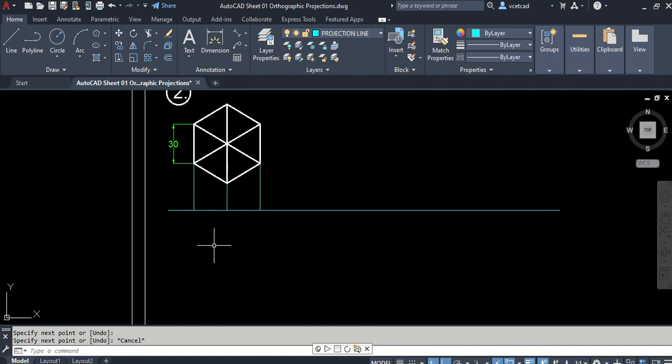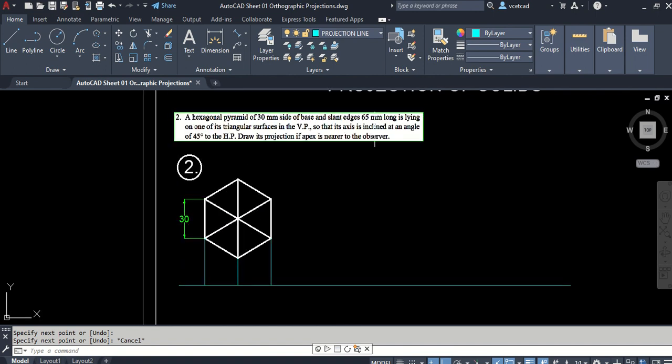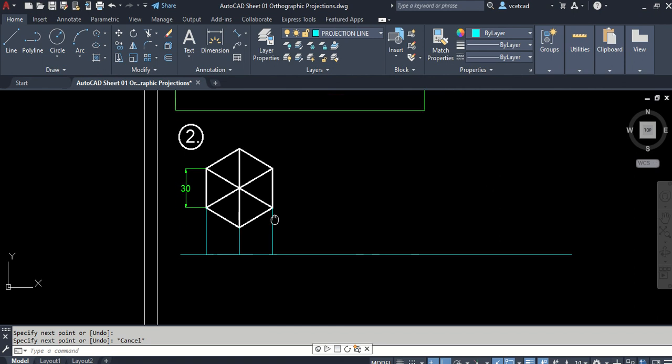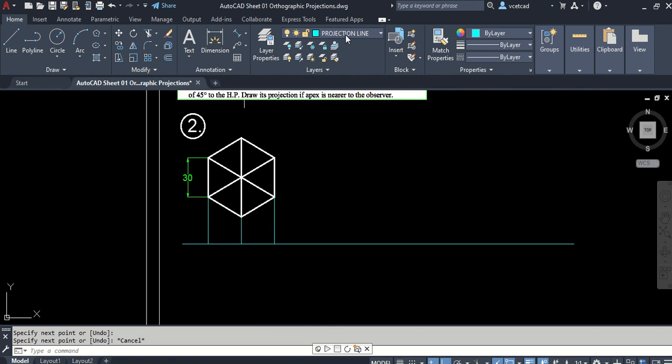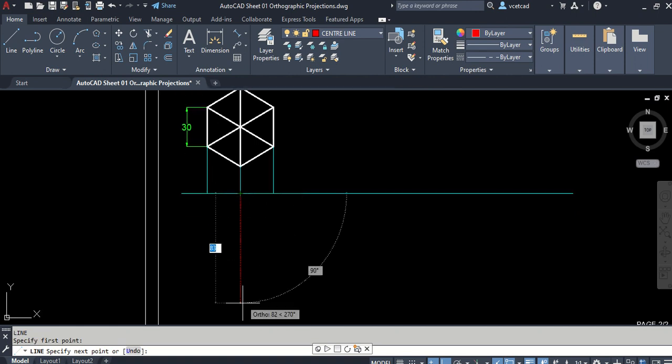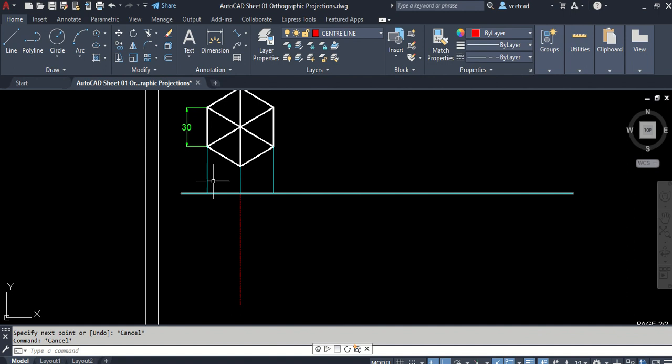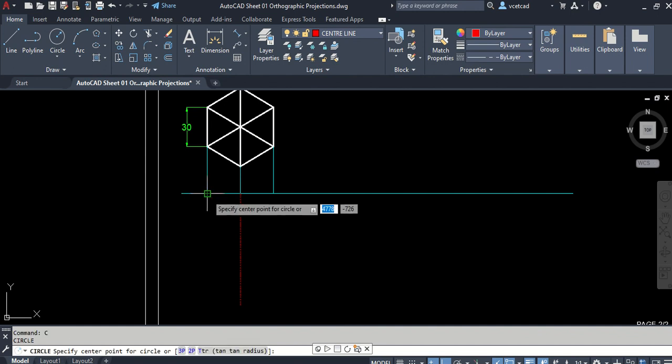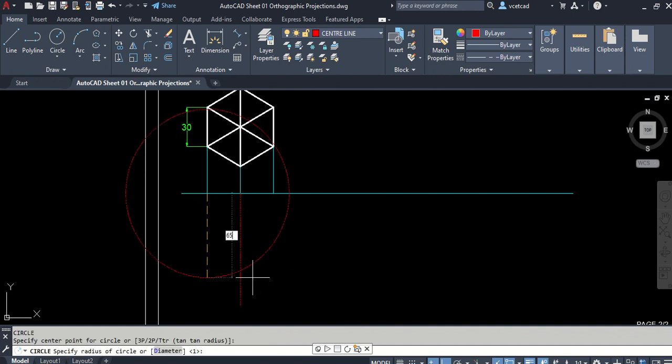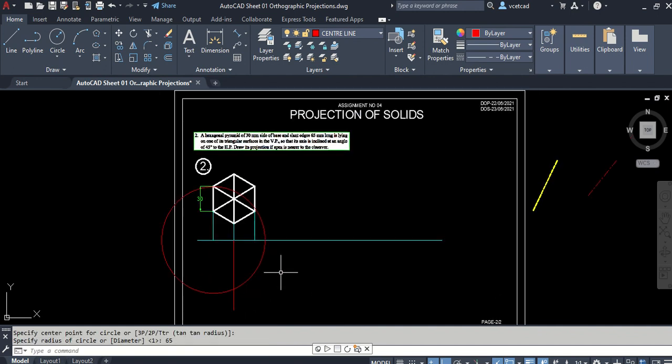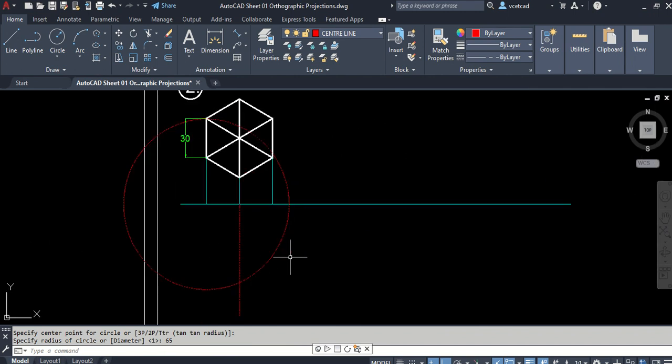Then they are saying that its slant edge is 65 millimeter. So let us first draw the axis, and we want to cut an arc of 65 millimeter. I have taken a circle of 65 millimeter, and with the help of that circle I will get the point.